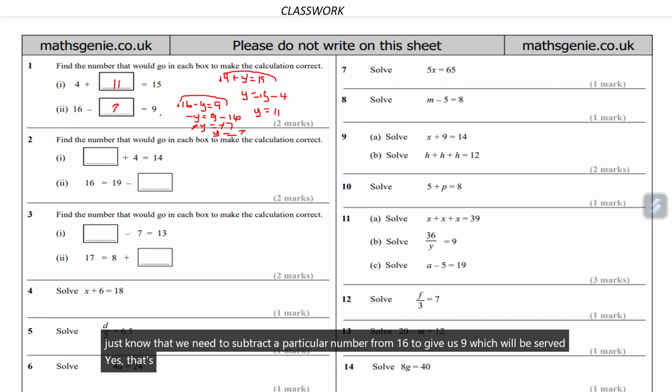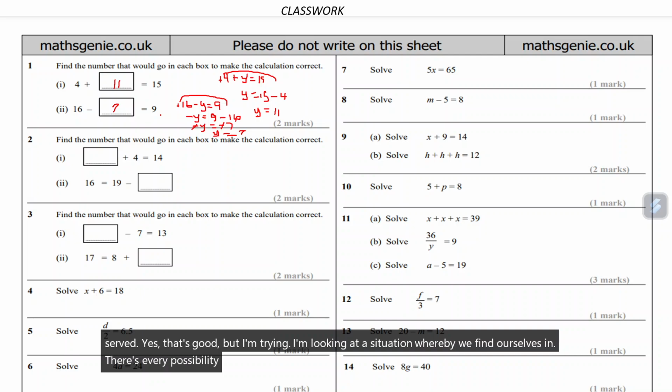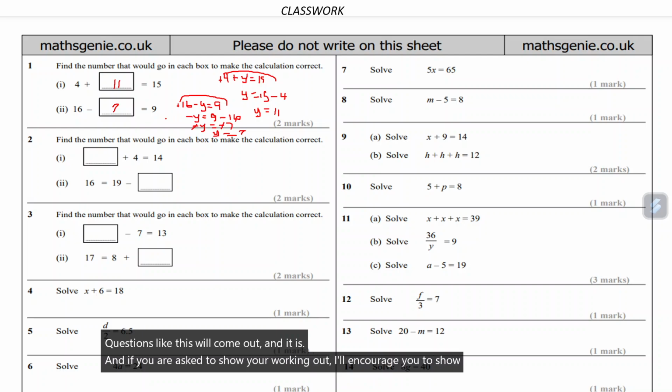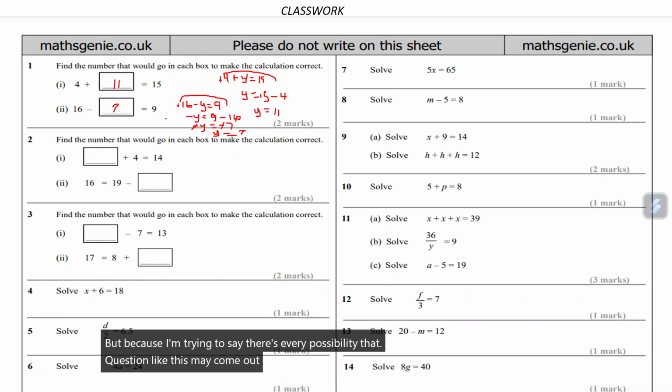But I'm looking at a situation whereby there's every possibility that questions like this will come out, and if you are asked to show your working out, I'll encourage you to show it.